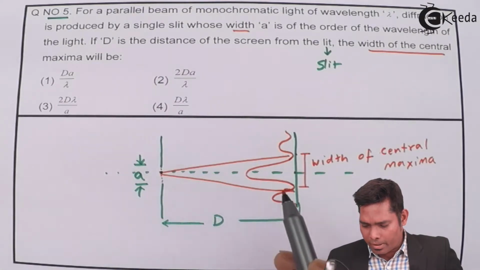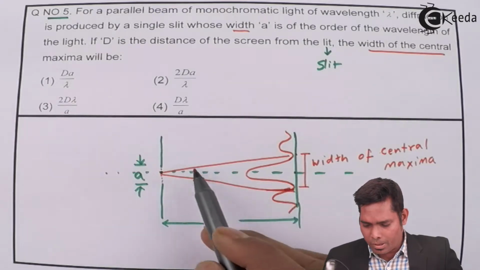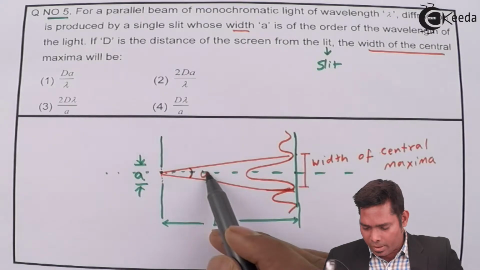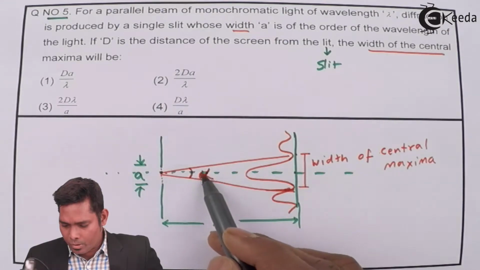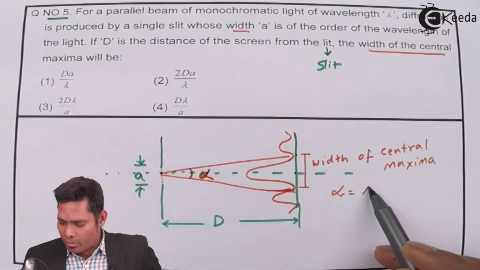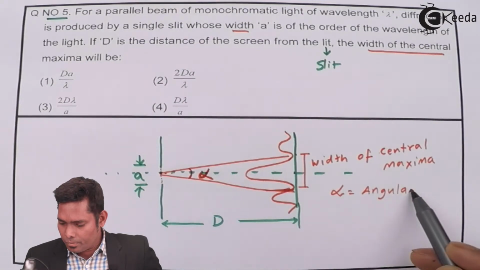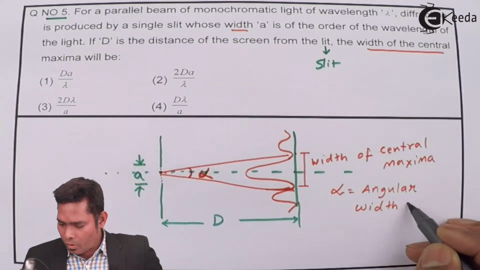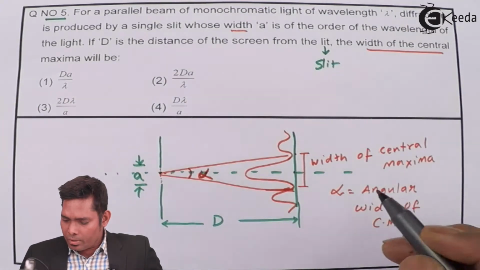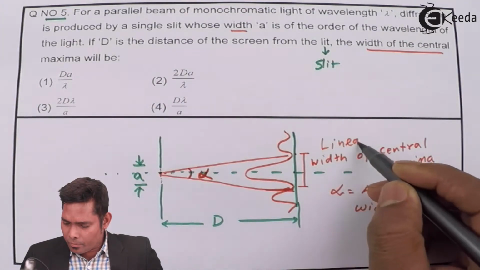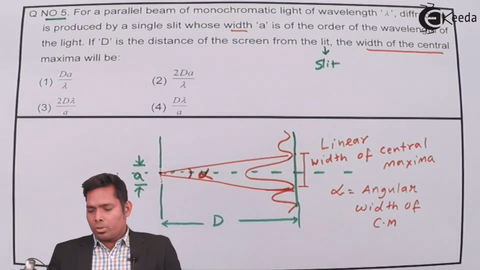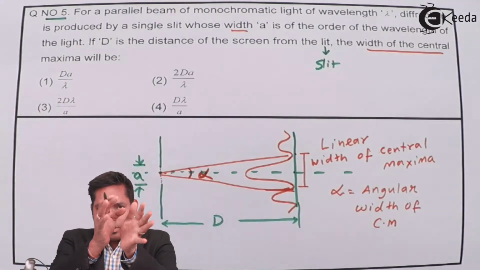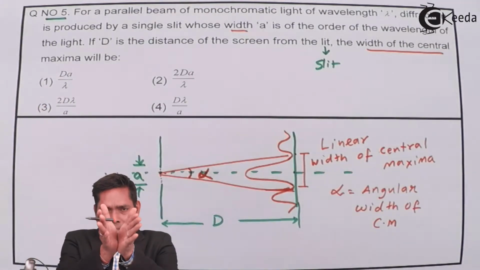Say this angle is alpha. This alpha is called the angular width of central maxima.